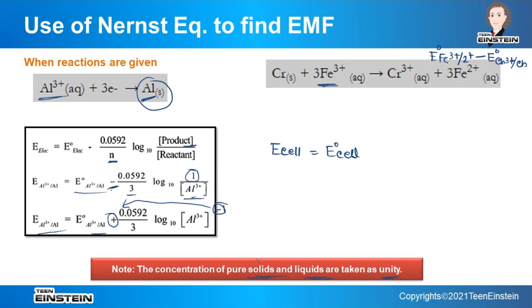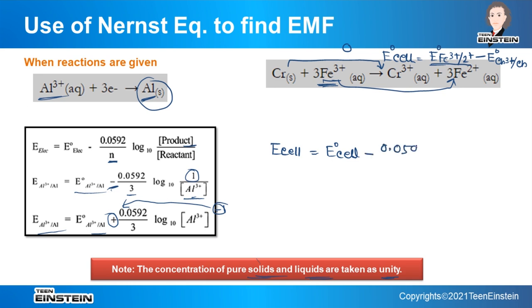Here these values are not given, but E0 cell will be equal to this. Why? Because the reaction occurring at the cathode we have to write first, and at the cathode reduction happens, and this is the process of reduction. This is the process of oxidation. So that is why the iron system is written first and then minus the chromium system. In this way we can get the value of E0 cell if these values are given.